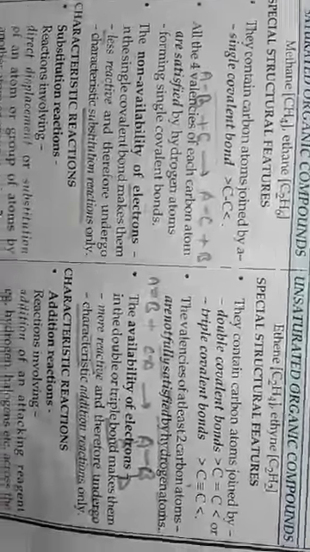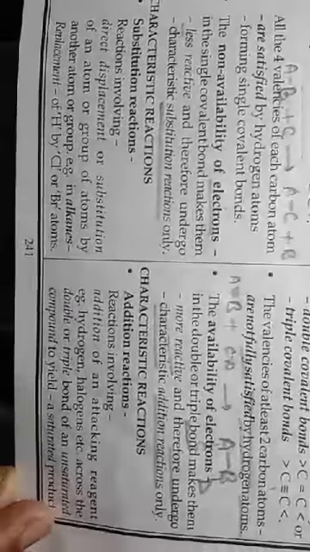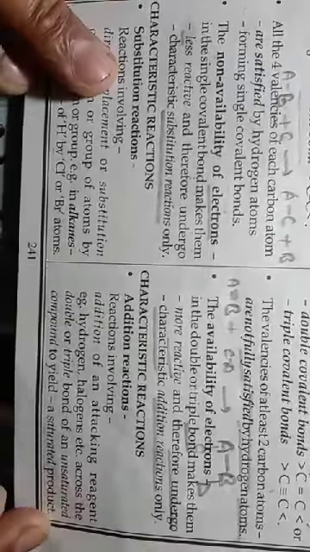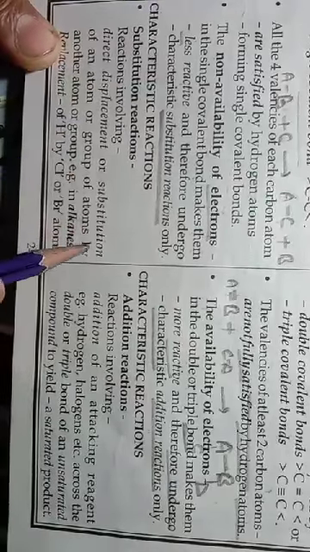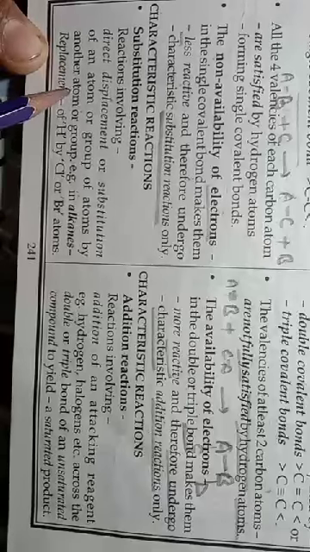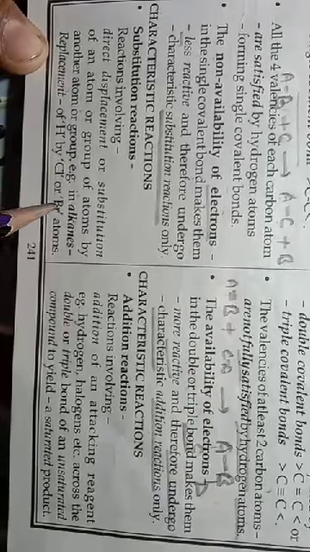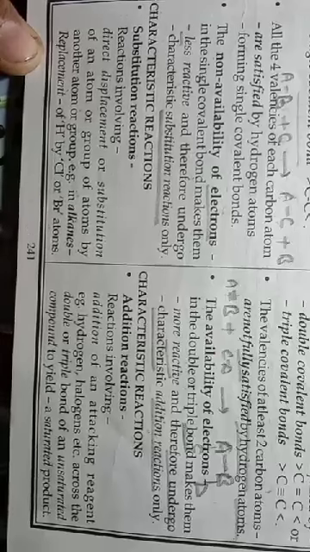Next point, characteristic reactions. Substitution reactions are the characteristic reactions involving direct displacement or substitution of an atom or group of atoms by another atom or group. Example: in alkanes, replacement of H by Cl or Br atoms.